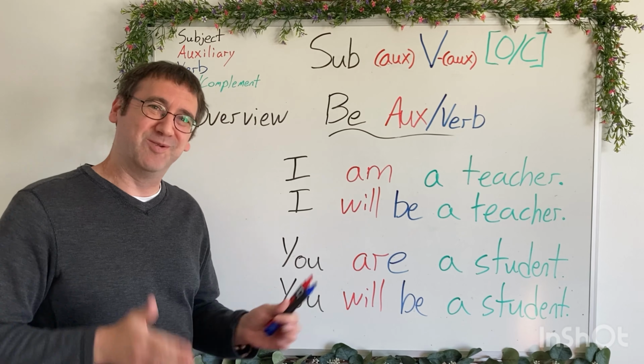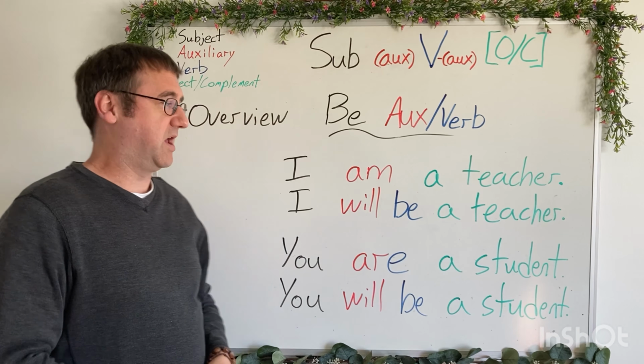So as always in English, there are four parts to each sentence. We have the subject, the auxiliary verb piece, and the object, okay? So with be auxiliary verb, we're going to use the basic subjects, and the object for be is always a noun. And so we're just going to use some simple nouns, a teacher and a student, okay?